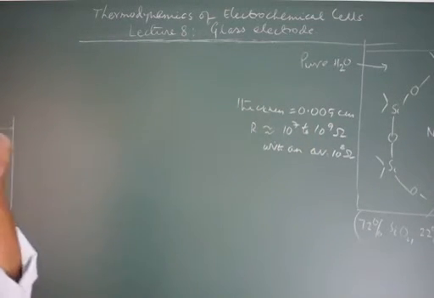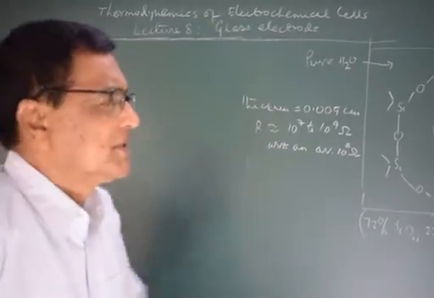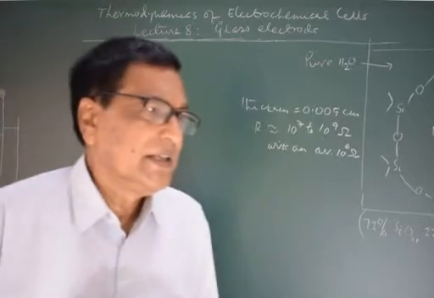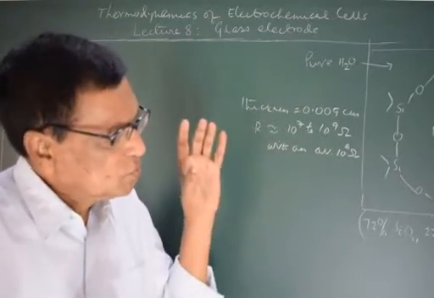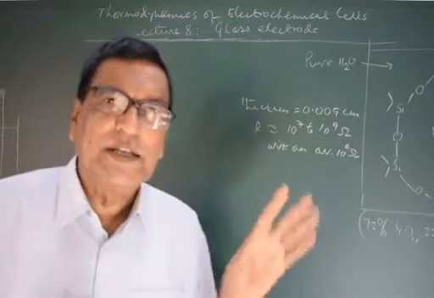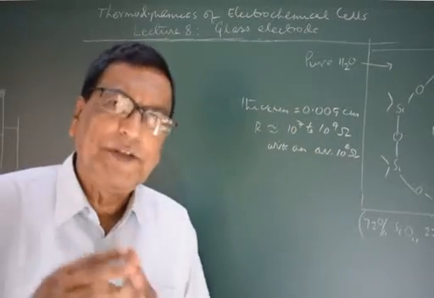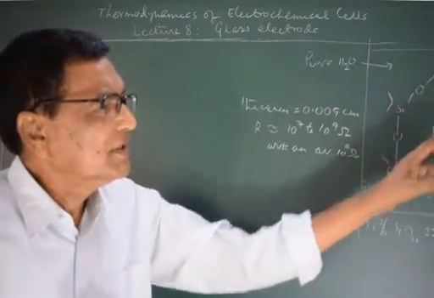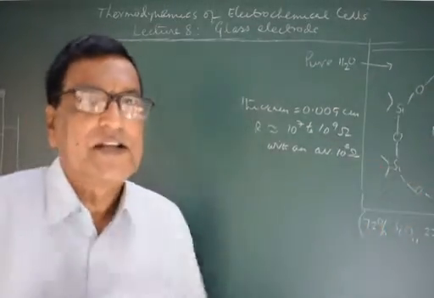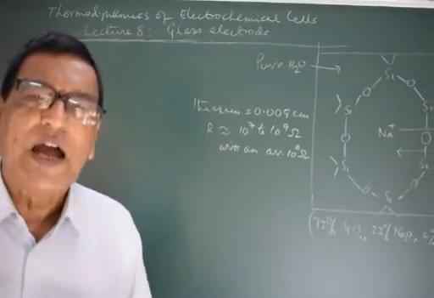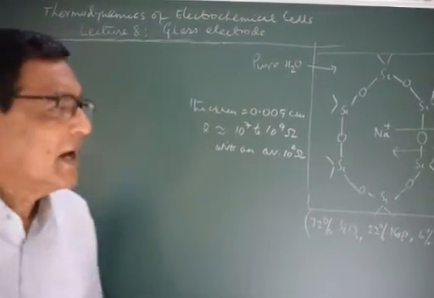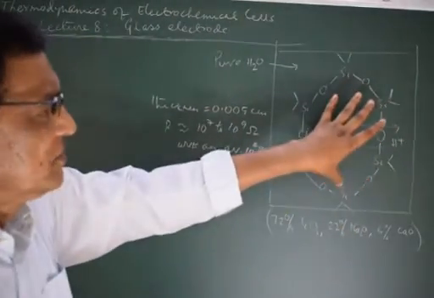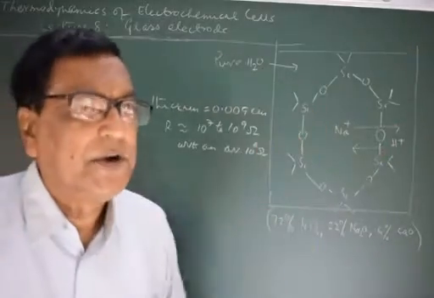So this is the description of the glass membrane. The preparation of this glass electrode is that the membrane is soaked or dipped in pure water for a few hours, so that the sodium ions within the glass surface or near the glass surface will exchange with the hydrogen ions in water, and hydrogen ions will replace the sodium ions, and the surface of the glass membrane contains hydrogen ions.